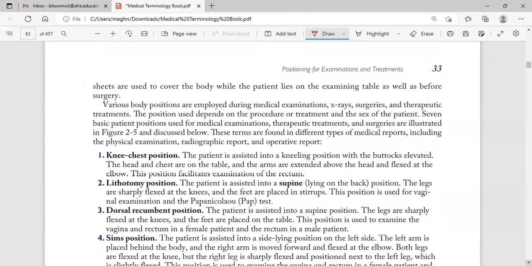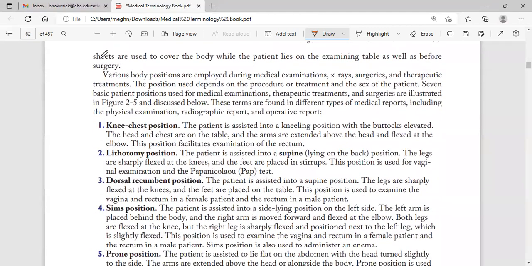Next. Various body positions are employed during medical exams, X-rays, surgical operations, and therapeutic treatment.